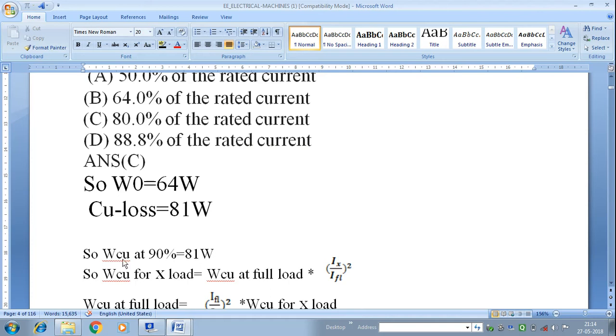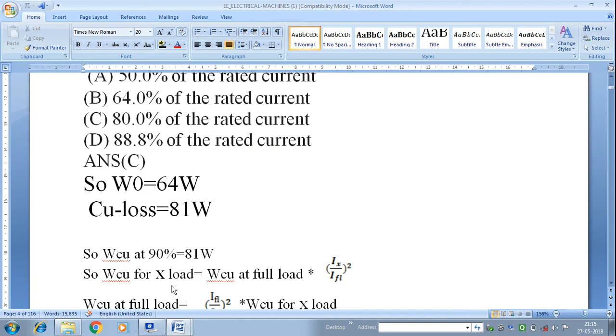Copper loss is I square R loss, so according to variation of load, the current varies, so copper loss also varies. Therefore, WCU, copper loss at 90% of rated current, is 81 watt.